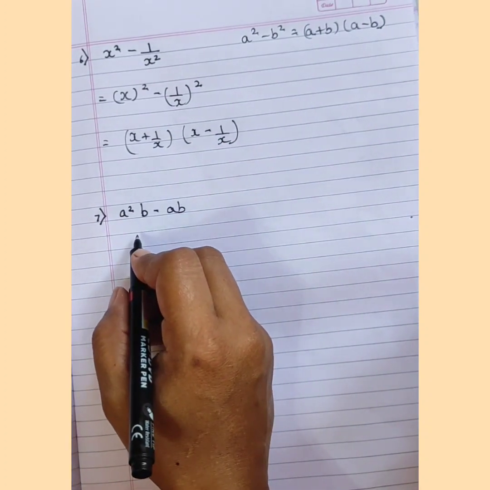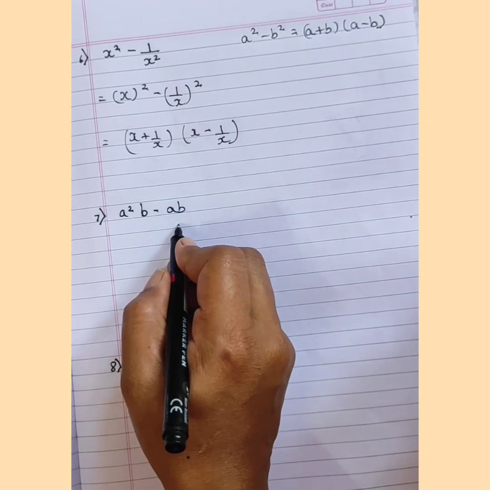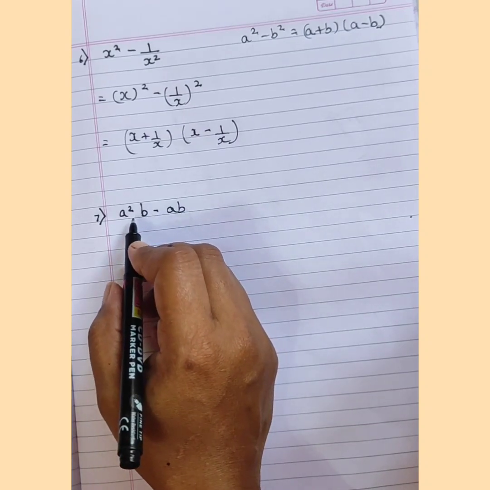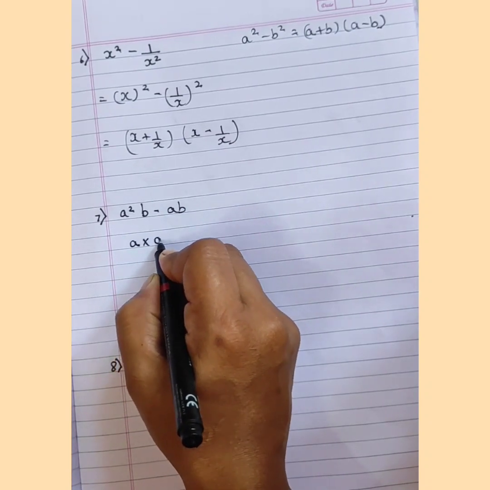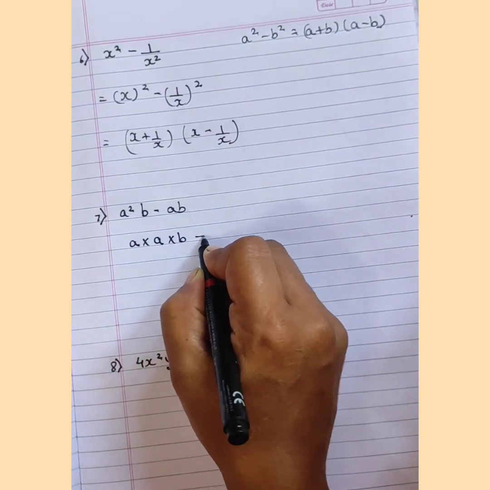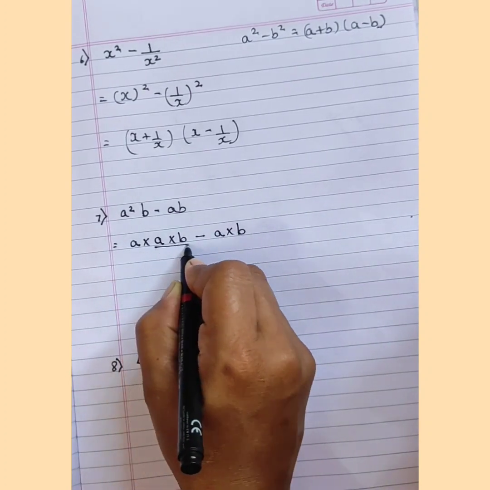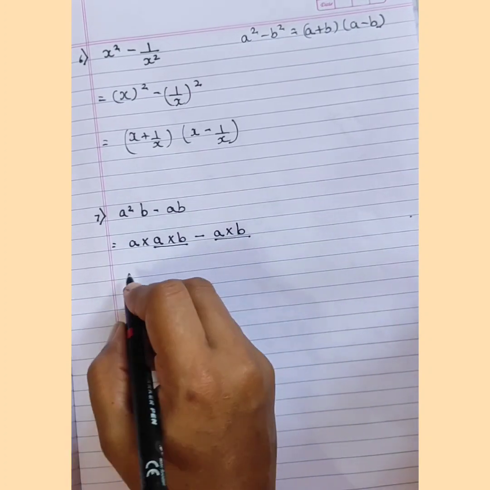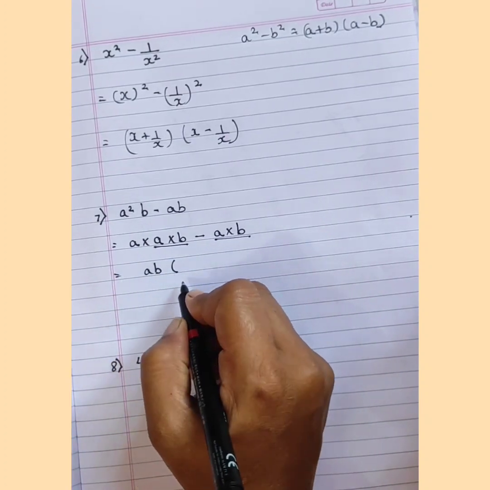Coming to the next question, seventh question, a square b minus ab. Now here we are going to factorize. That is, a square we will write as a into a into b, minus a into b. Now if you see, ab is common, so we will take it out and put a bracket.